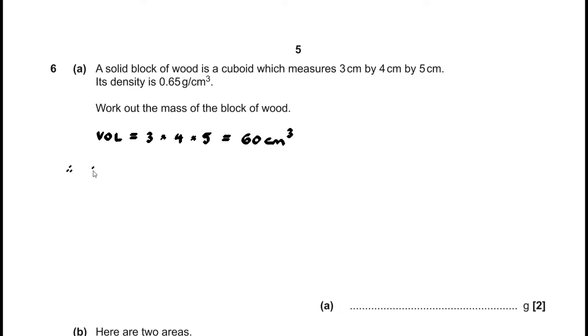So therefore, for the mass, we have the density 0.65 grams per centimeters cubed times by 60 centimeters cubed.